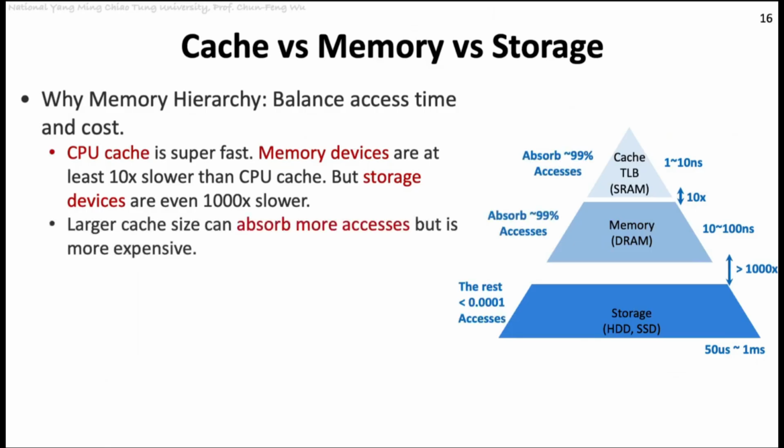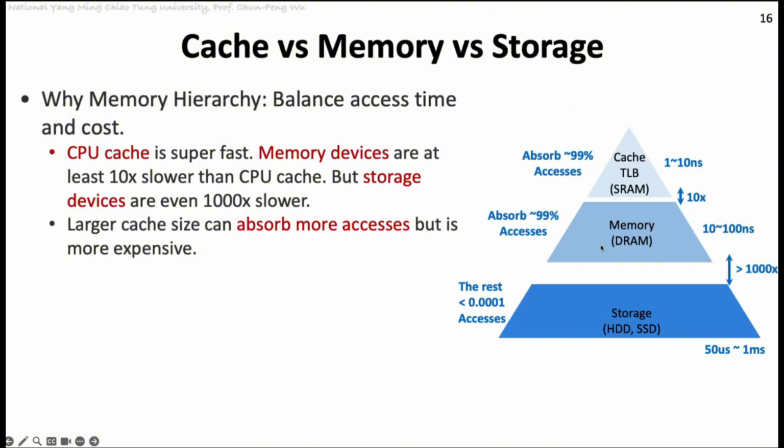There is another thing, which is the capability to absorb CPU accesses. This is just a fun fact. If you have a good CPU cache with good replacement policies inside the CPU, it can usually absorb around 90 to 99% of the CPU accesses. So only about 10% of the instruction accesses will go to the memory.